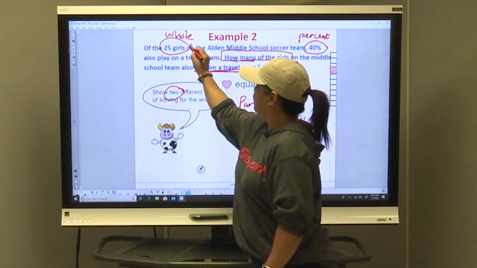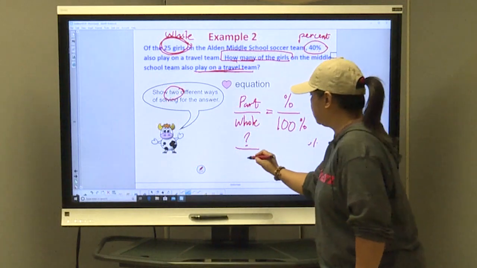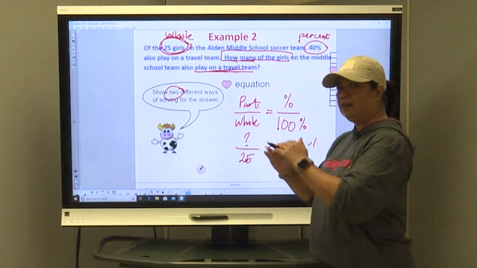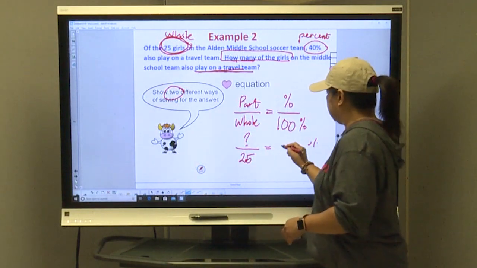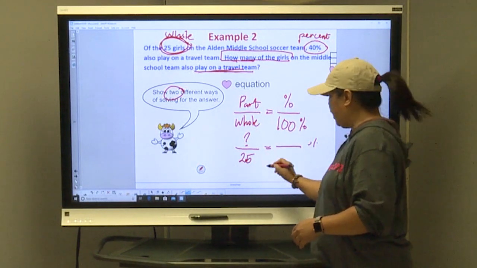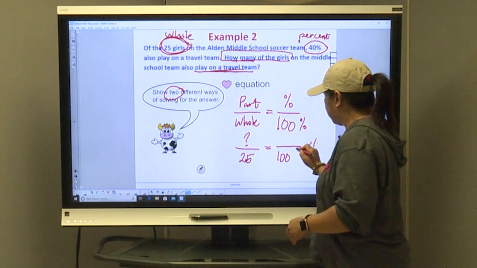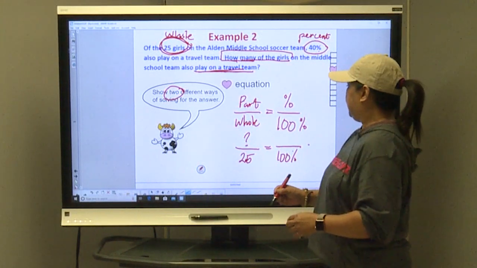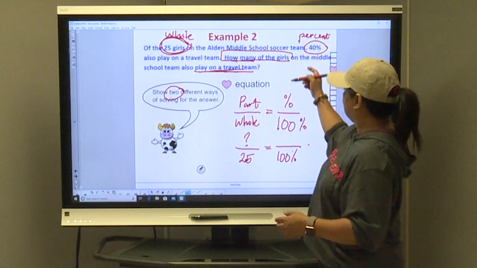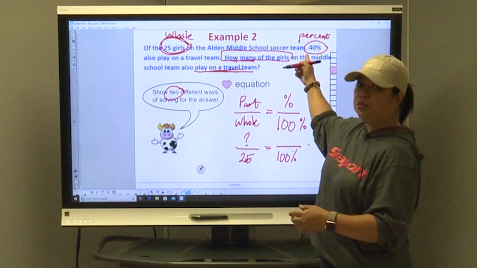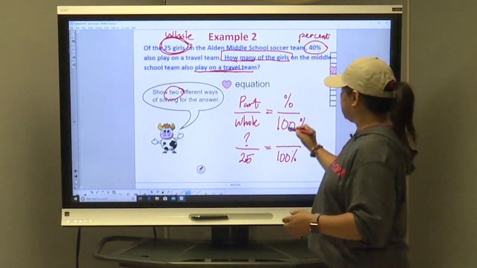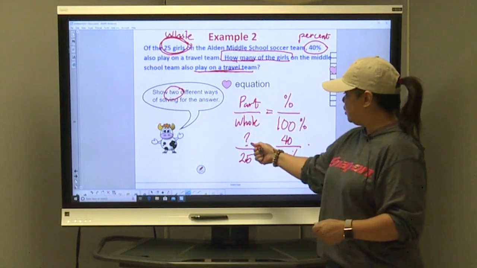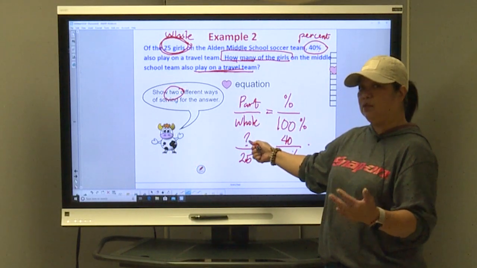The whole thing, what's the total number of girls? Is 25. Okay, so I'm just plugging in all this information. Okay, that 25 represents 100%, correct? And therefore, it also needed a percent, which is also given in the problem, which is the 40%. So now I plugged it in. That is what we are looking for, the part.